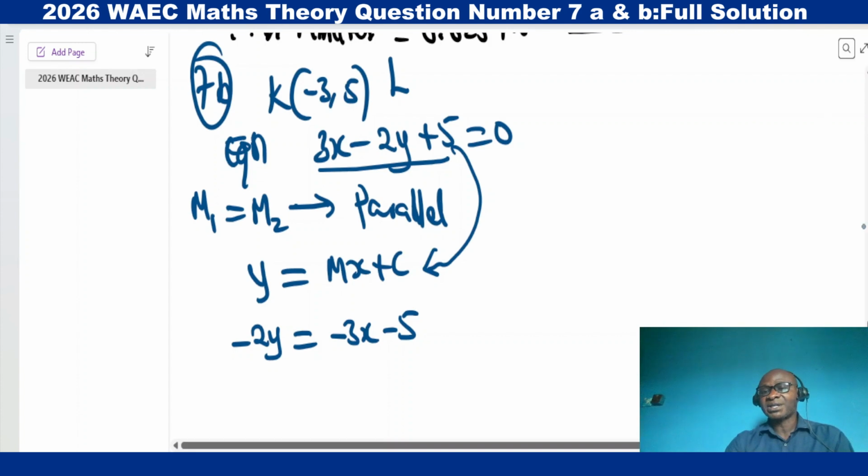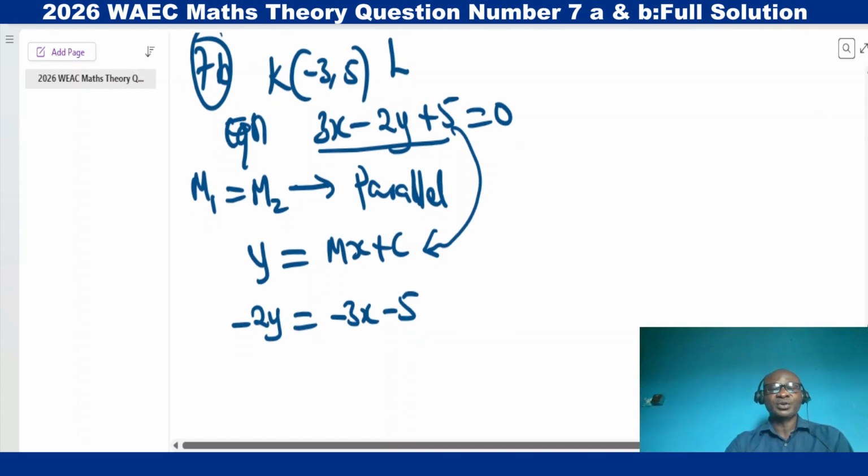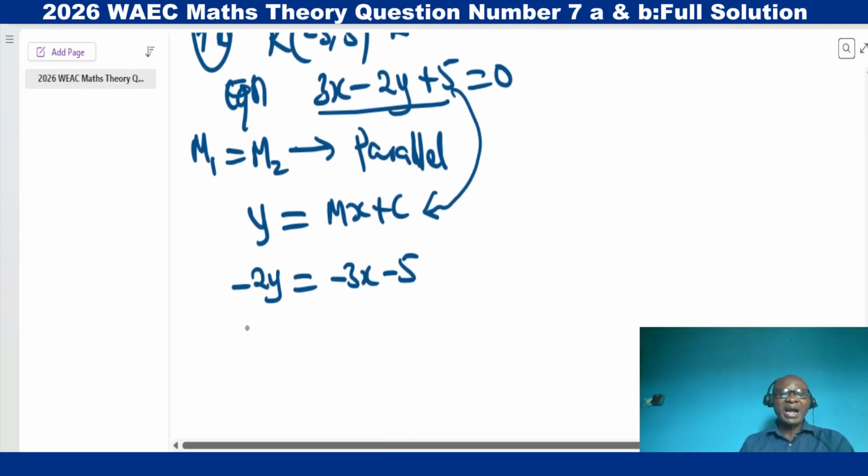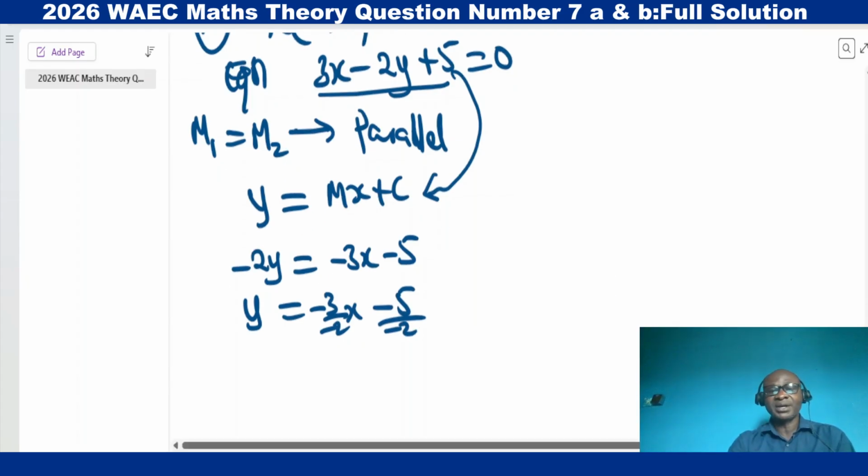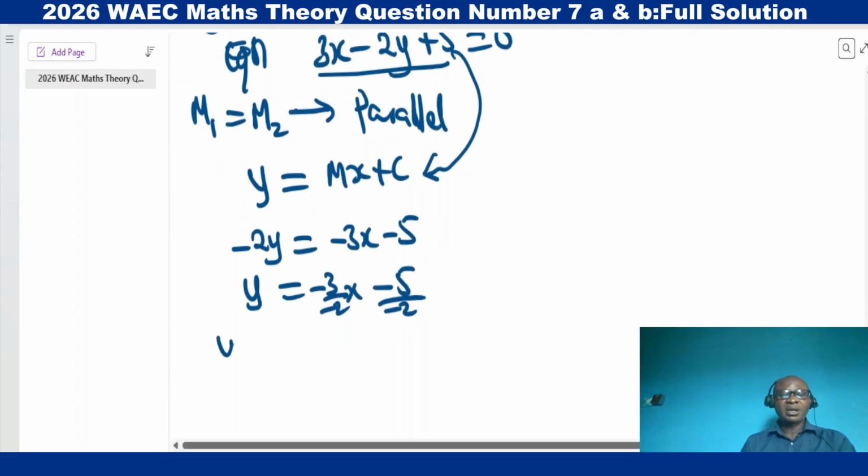Working it out, y will be equal to minus 3x over minus 2, then minus 5 over minus 2, making the equation y equal to 3 over 2 x plus 5 over 2, making the gradient m1 equal to 3 over 2.